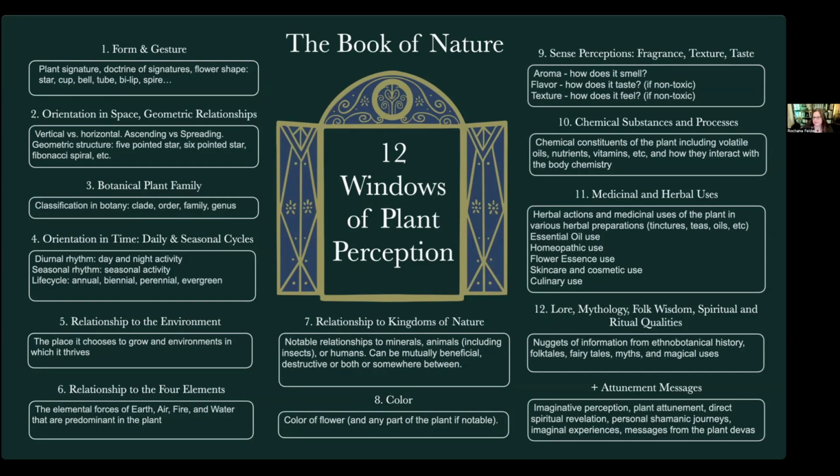Also, the medicinal and herbal uses, that includes anything that we can learn about how that plant was used. And we just talked about that a little bit with mugwort because we really can use the information gleaned from the herbal use to get clues and hints and see patterns of the energy of the flower essence.